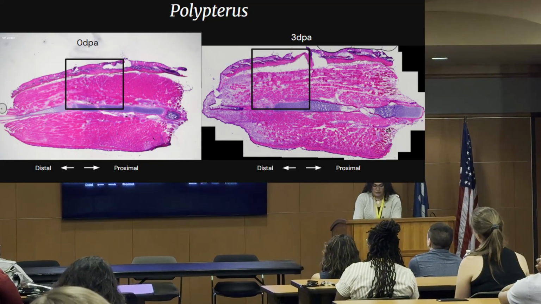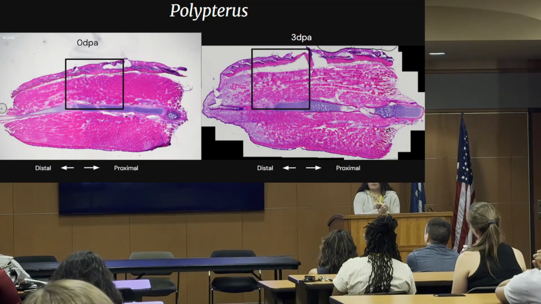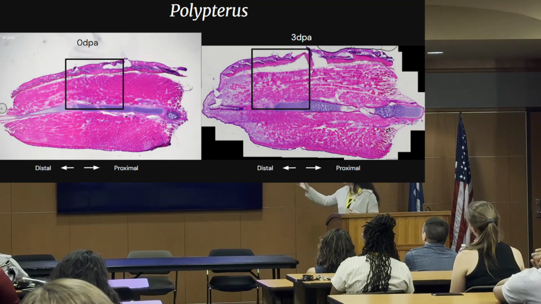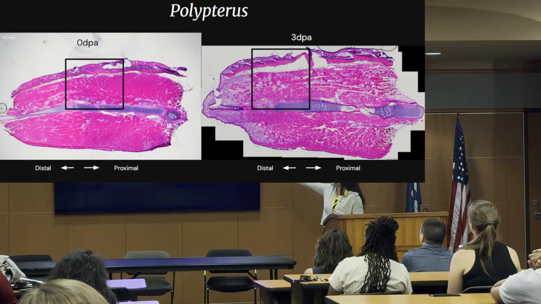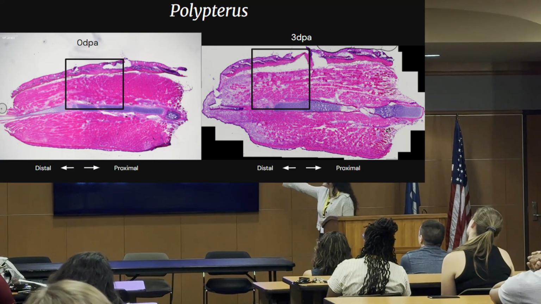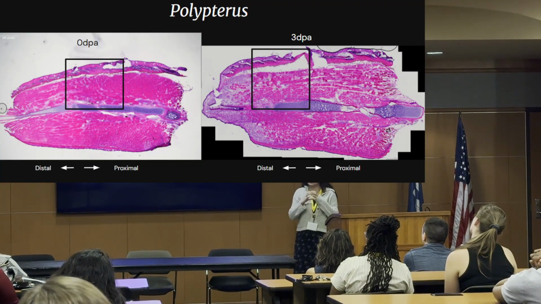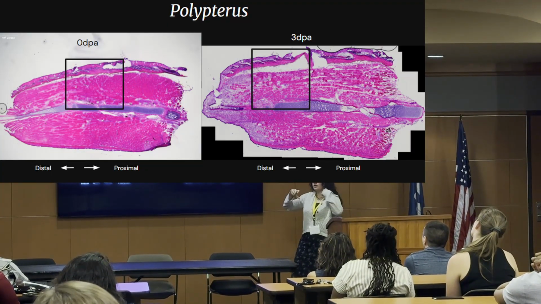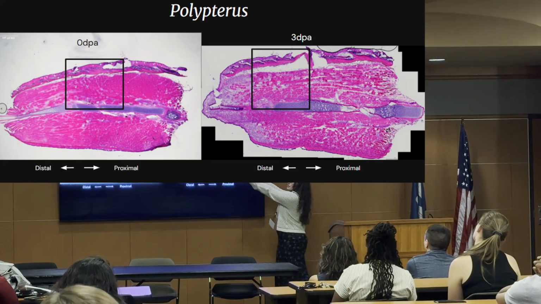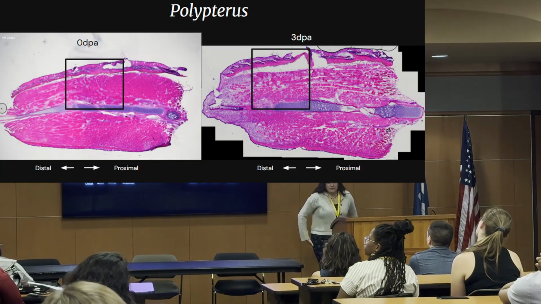And anything in pink is going to be like cytoplasm, muscle, collagen, those types of things. And that black box in the middle of the fin is just going to give you an orientation whenever I show you the next slide. So this next picture is going to be within those two boxes.